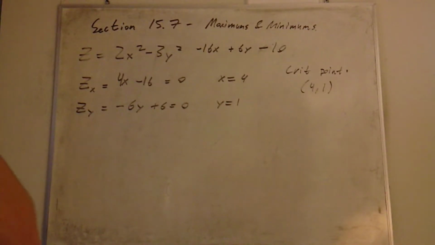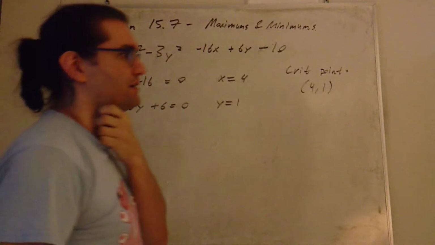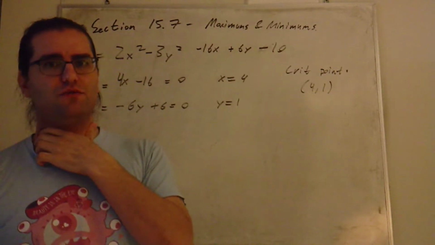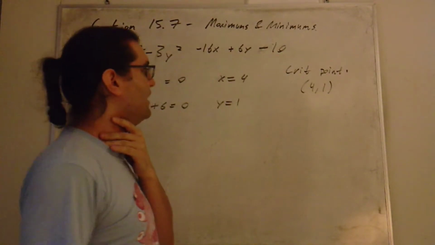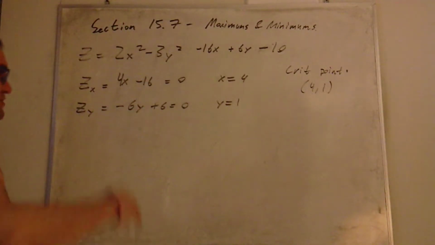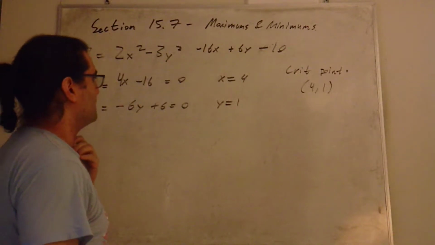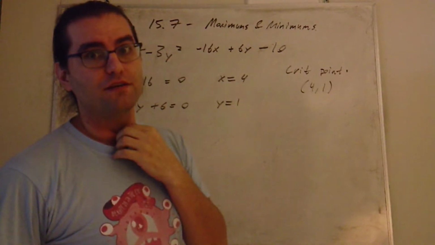Except we should find a z value for this. I think the homework questions online don't really care about what these z values are. I think it's important to know what the actual z value is of this thing to determine whether it's a maximum or a minimum. Or maybe it's neither. We'll see.